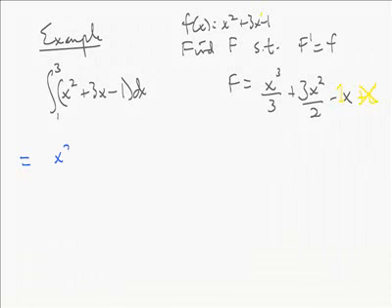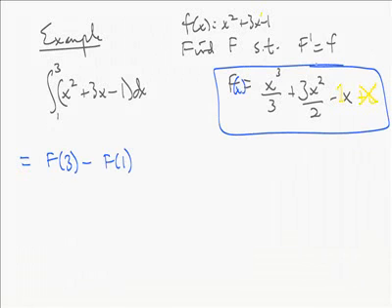We're going to take F of 3 minus F of 1, where F of x is this function right here, x cubed over 3 plus 3x squared over 2 minus x.